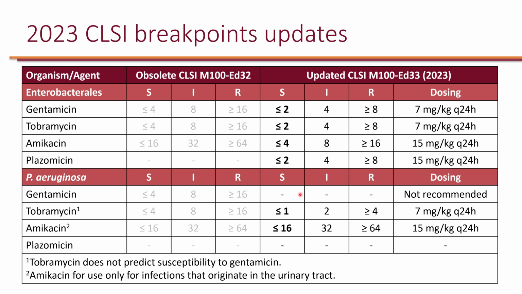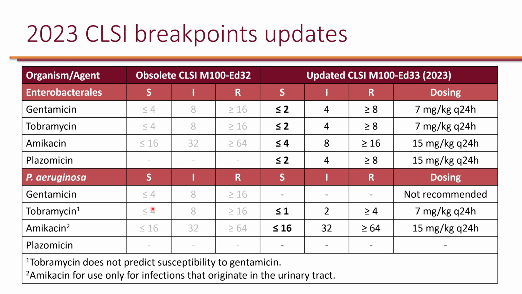So in fact, there are no criteria for susceptibility for gentamicin in regards to Pseudomonas. So it was actually removed. In other words, if there is a sample sent to the micro lab, they should not be testing it against gentamicin. They will not be reporting it as susceptible, intermediate, or resistant. So we should just consider it resistant.